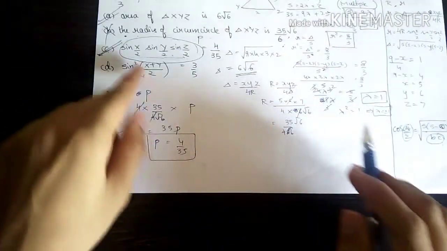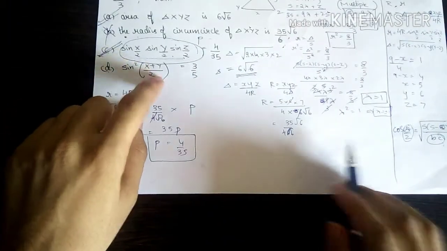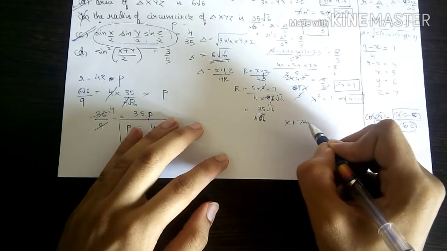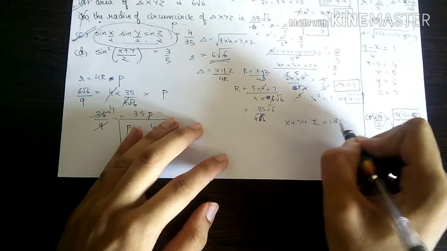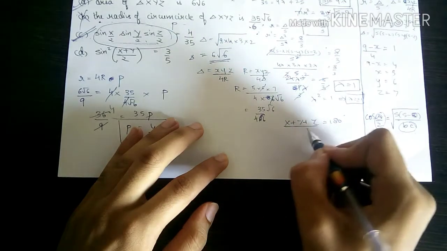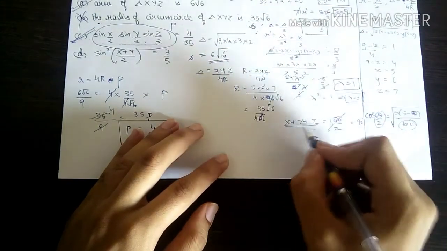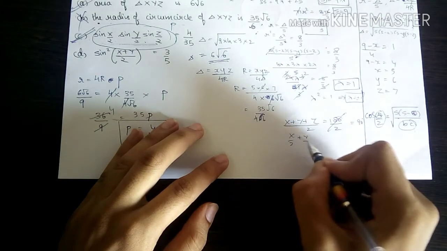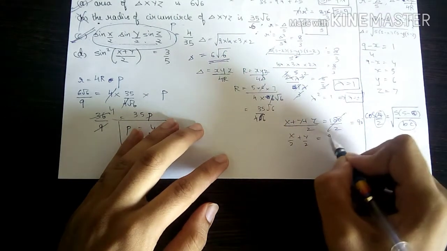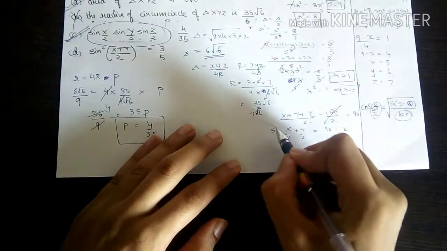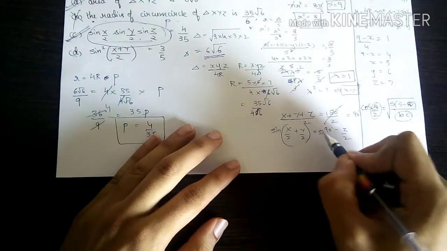Let's check. They are asking for sine square of x plus y by 2. We know clearly that x plus y plus z is 180 degrees for a triangle. So if I divide by 2, this will be equal to 90 degrees. So x by 2 plus y by 2 equals 90 degrees minus z by 2, sending z by 2 to that side. I will just put sine on both sides.